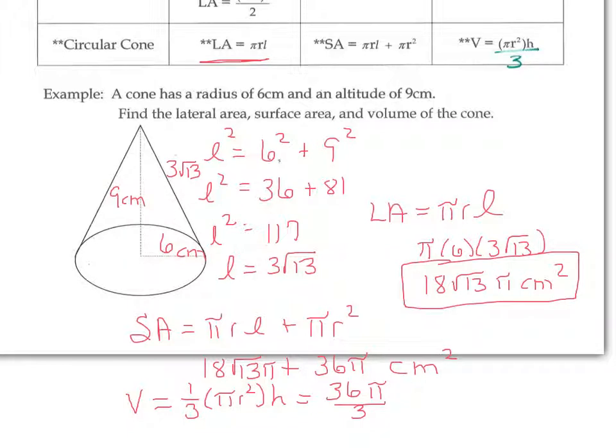And the height is 9. So if we want to, we can go ahead and divide that. 1/3 of 36 is 12, and 12 times 9 is 108 pi centimeters cubed.